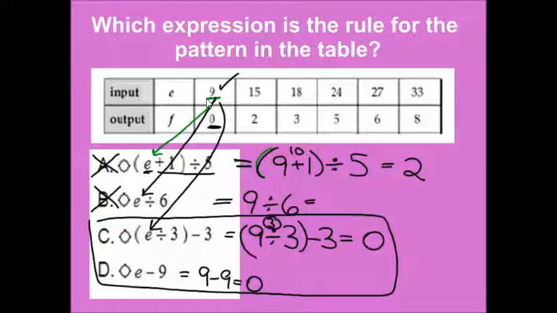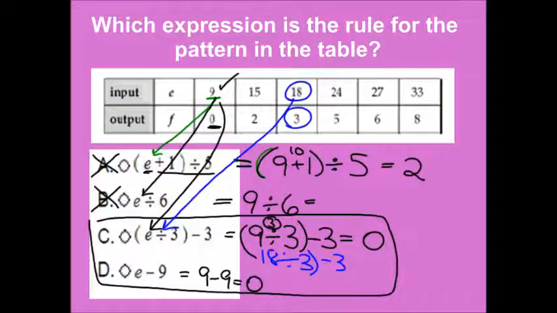Let's go ahead, and I'm going to skip up 2. I love the number 18. My son's going to be 18 this year, so I'm going to pick 18 and plug it into the same expressions. When I put 18 into E, it's 18 divided by 3 minus 3. Well, 18 divided by 3 is 6. If I take away 3, I get 3, which is what I'm looking for.